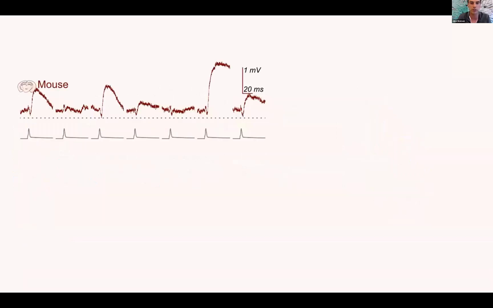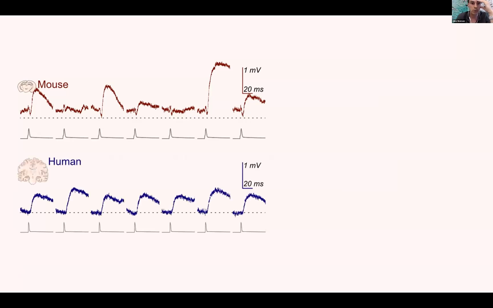But if we now compare our synapses to mouse synapses, this is an example of pairs in CA3, where we're stimulating one cell and looking at the response from another cell. In mouse, as many of you who have looked at synaptic transmission will know, you see differences in the size of responses. You see failures, often failures of transmission. But what we saw in the human brain was very different.